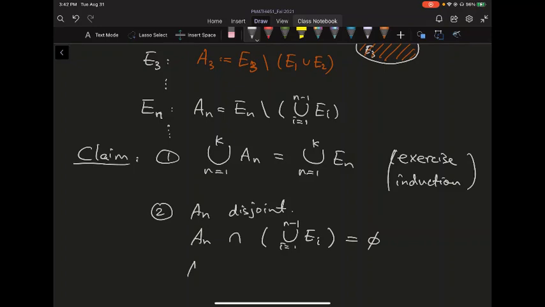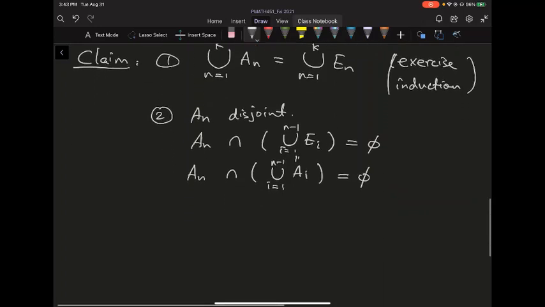But we showed from the first claim that this union is the same if you use the Ai. So these two are the same, and this intersection is also empty. So An is disjoint from the union of the first n minus 1 of these Ai. So Ai and An are disjoint, and you can just keep going. You can show the An are disjoint.